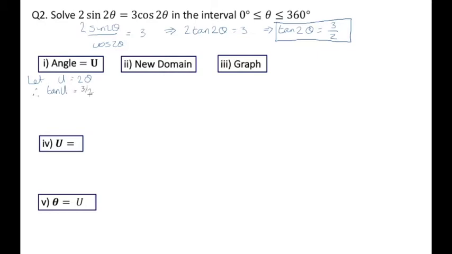If we want to find u now, we're going to take the inverse tan of 3 over 2. Notice what we've done here, we've simplified it. We've gone from this thing here to this, which is dead simple. Tan of an angle equals 1.5.